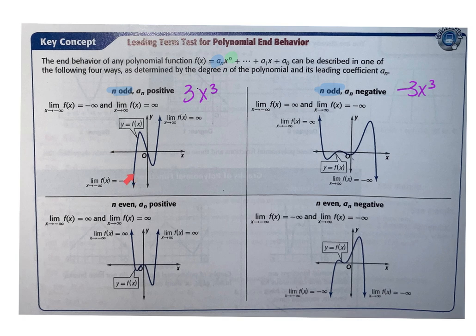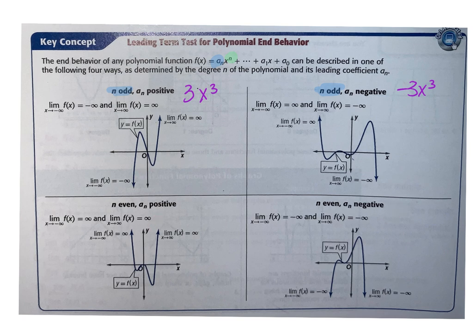So basically, it's always going to be going up: down on the left, up on the right. If it is odd, but your coefficient's negative, it's going to continually be going down. So on the left-hand side, it's positive infinity, and on the right, it's negative. It's constantly going down. That's what it looks like when you have an odd.